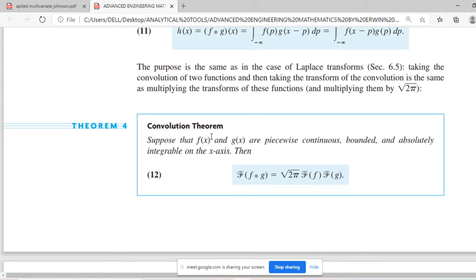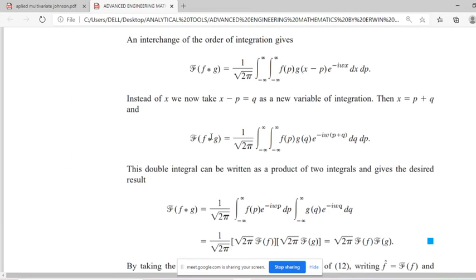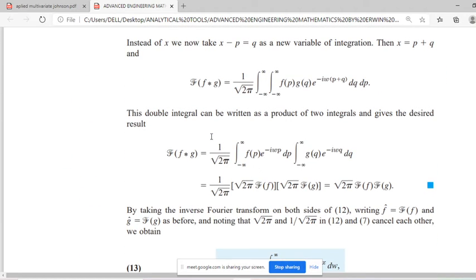Yeah, this is 12. F of f star g, that is 12. Here we have, yeah, 1 by root 2 pi is missing here.